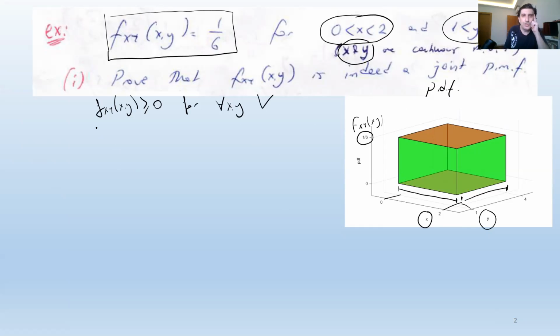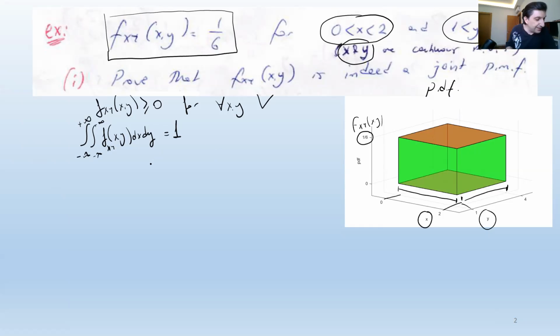Now the second condition is the summation or integral of this probability density or mass function, and here we are talking about a probability density function. Therefore, it's going to be the integral of the probability density function dx dy over minus infinity to plus infinity, and that is going to be equal to 1.